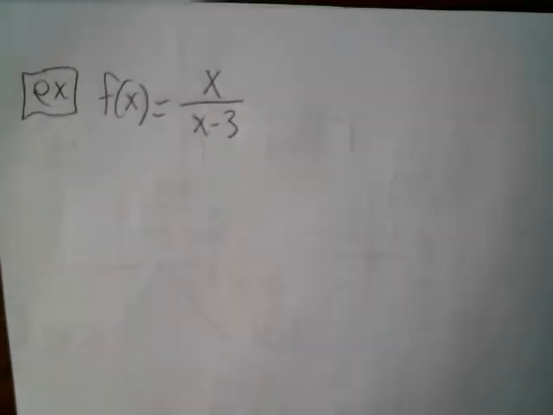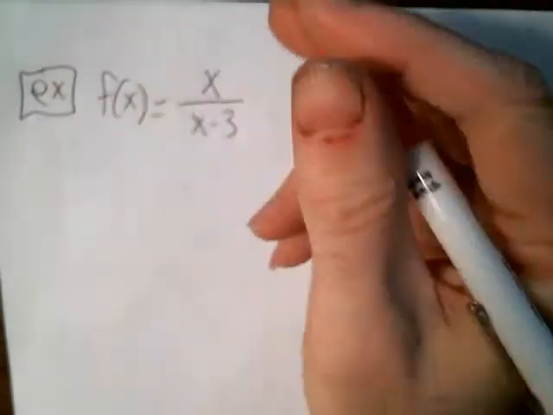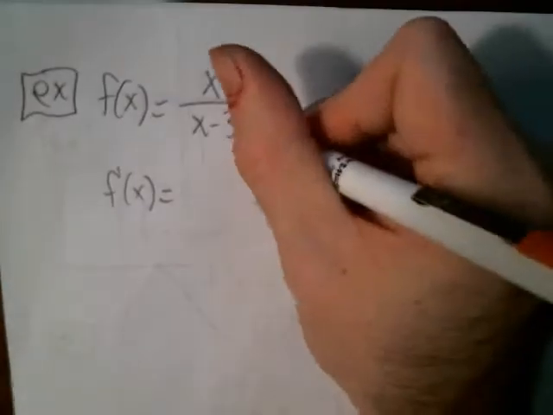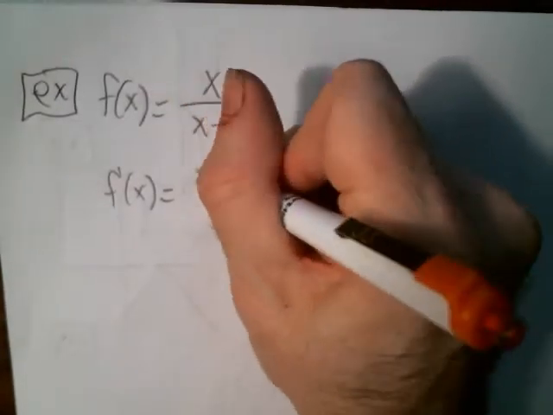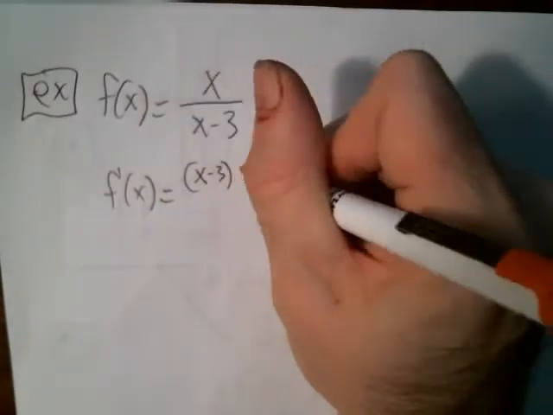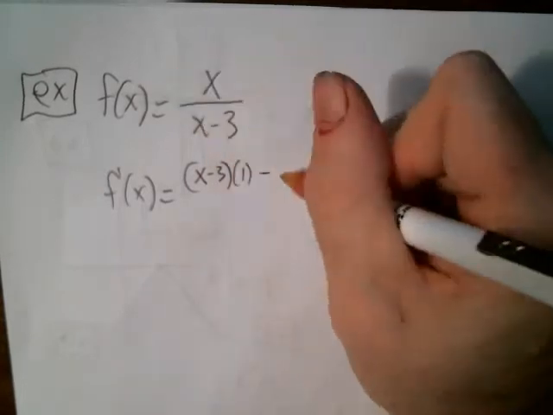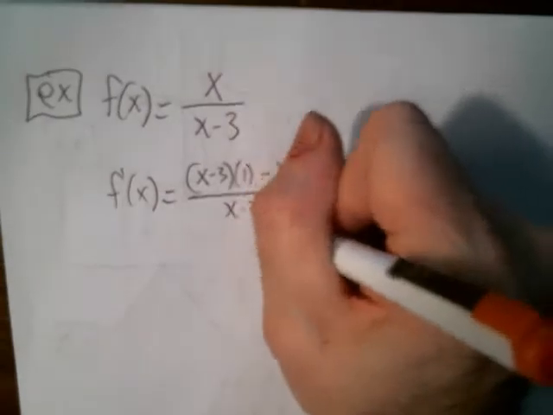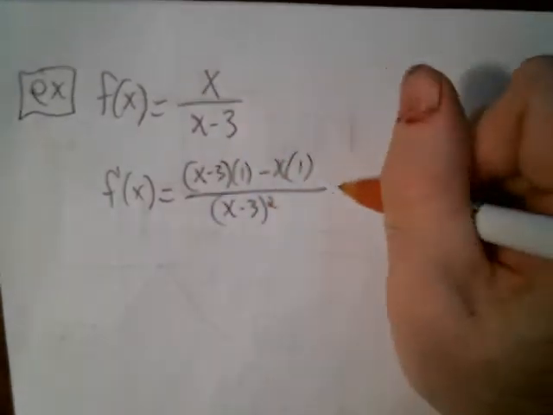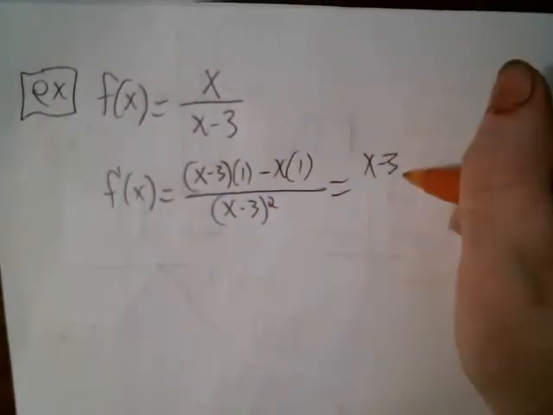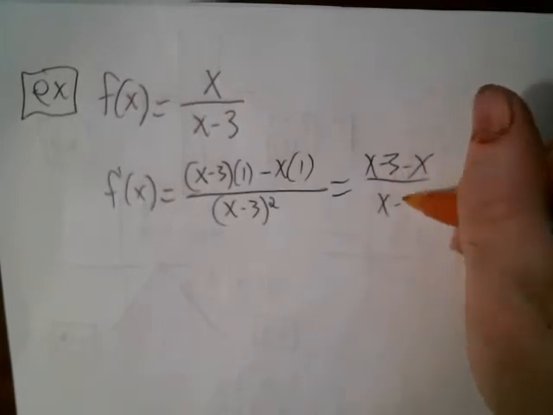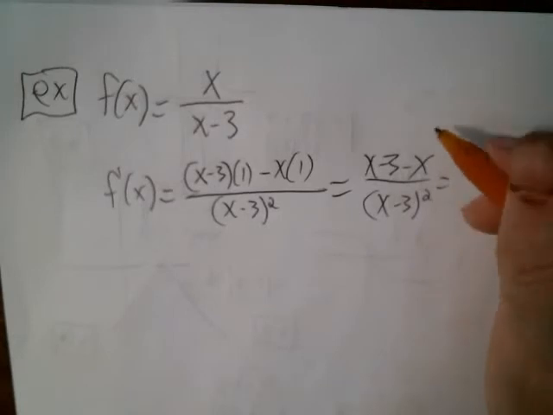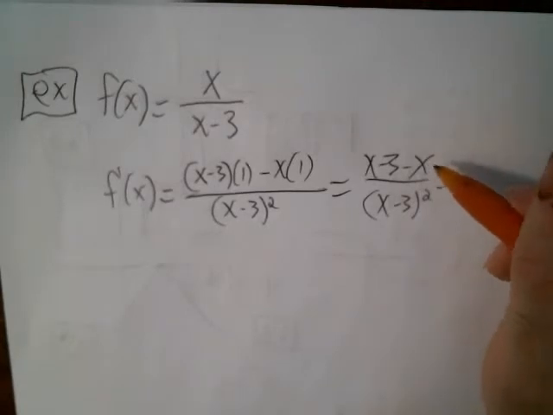So what is the derivative? f prime of x equals low d high, so low times the derivative of the high minus high times the derivative of the low, all over the low squared. That'll equal x minus 3 minus x, all over x minus 3 squared. x minus x, oh great, so what did I do wrong?